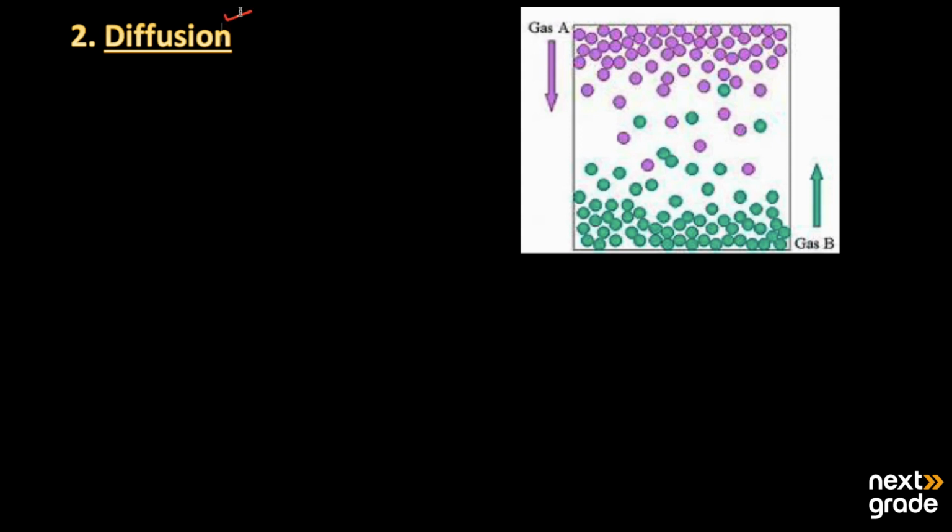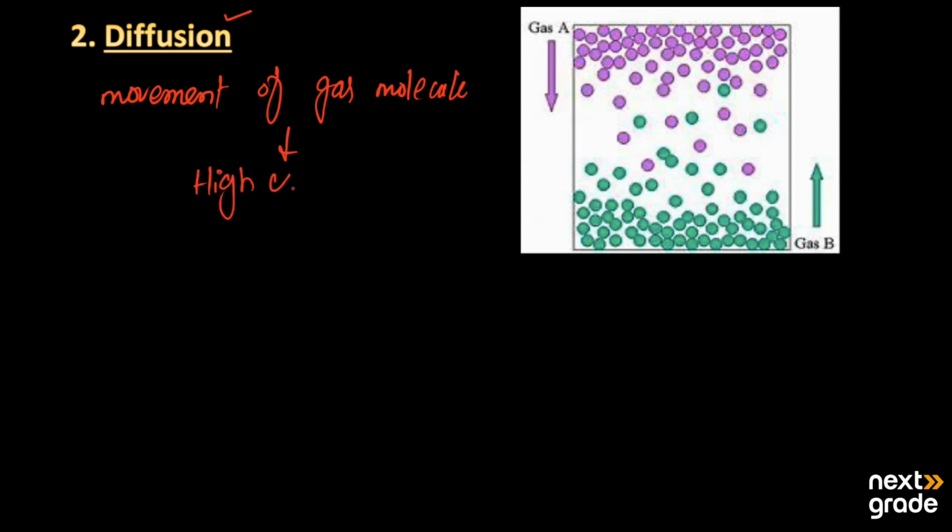Basically, diffusion is the movement of gas molecules from a region of high concentration to a region of low concentration. When gas molecules move from high concentration to low concentration, this movement is known as diffusion.